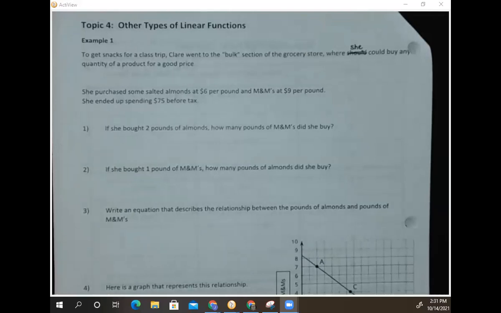So we have talked about slope-intercept form, and we talked about point-slope form as options to be able to represent a linear function. Today, we're going to talk about one more option that we have to represent a linear function.